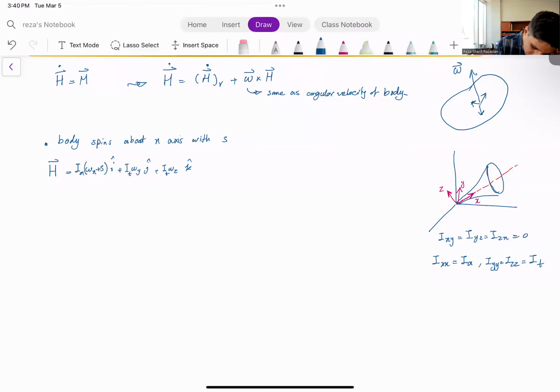So that is my angular momentum. And in this case, I'm going to call omega x plus s some total rate of spin. So let's call it total spin.